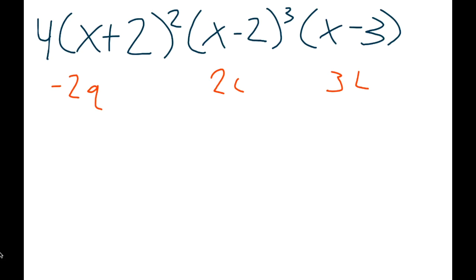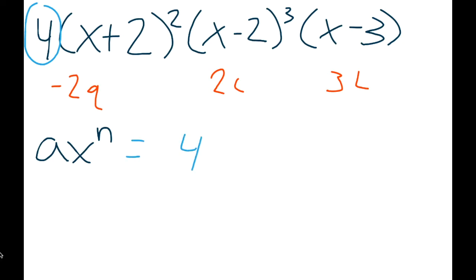Now that we have found our roots and their end behavior, now we find our term of highest degree, which we know is AXN. In order to find our term of highest degree, you multiply the coefficients and the exponents. In this case, our only coefficient is 4, which makes our A 4.